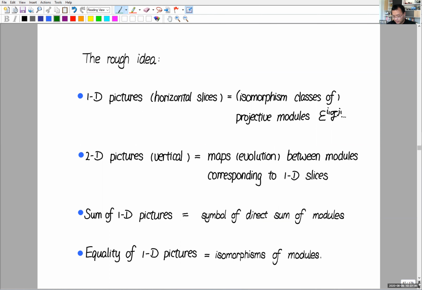So here we have generators given by, oh, I forgot a dot, sorry. Generated by these guys. So you depict a morphism from E to E, or some interesting event happening between the evolution of E itself, by a dot, or two copies of E by a crossing. So this is a crossing. And these guys satisfy the following so-called nil-Hecke algebra relations.